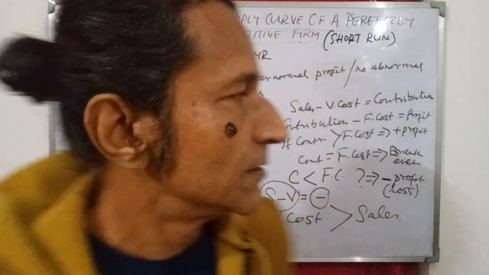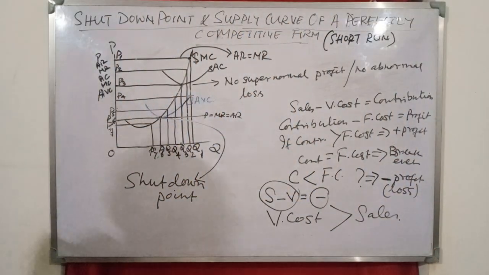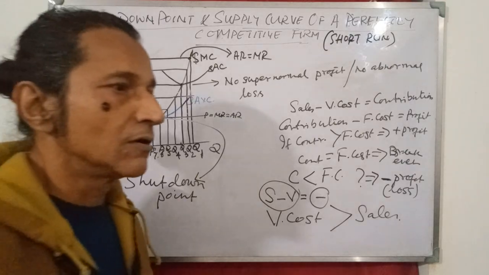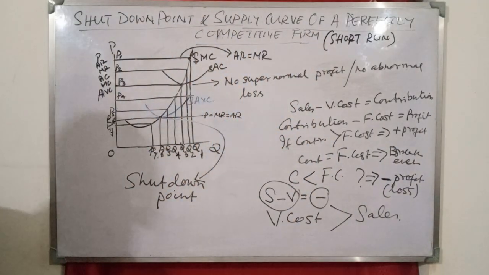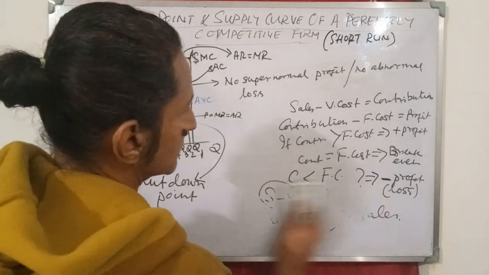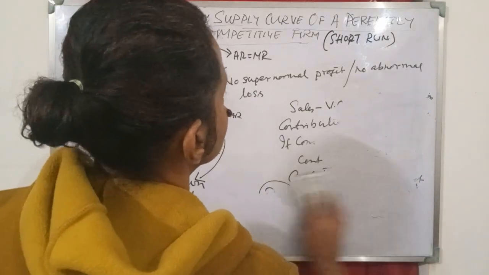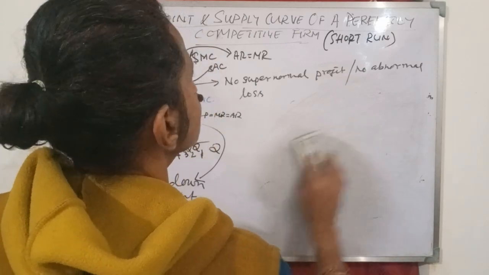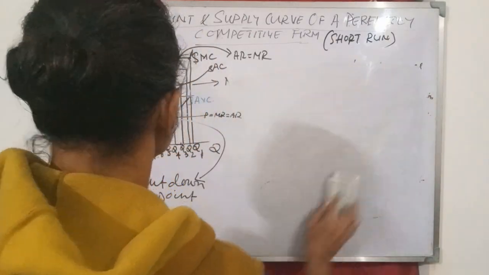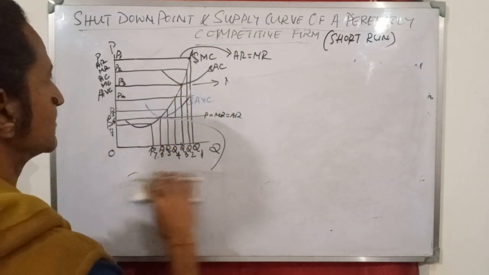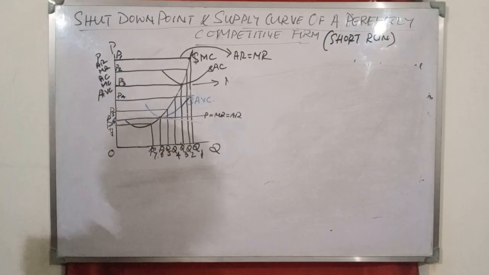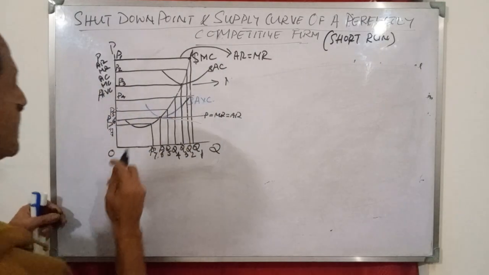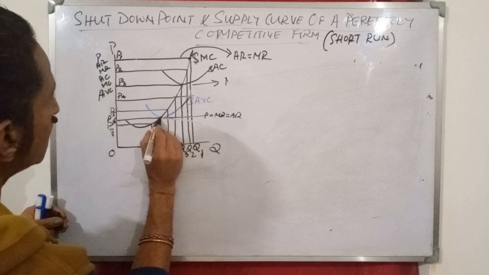Now we would discuss what is the supply curve of a perfectly competitive firm in the short run. I am erasing this part. So P sub 6 is the price, that is the minimum.